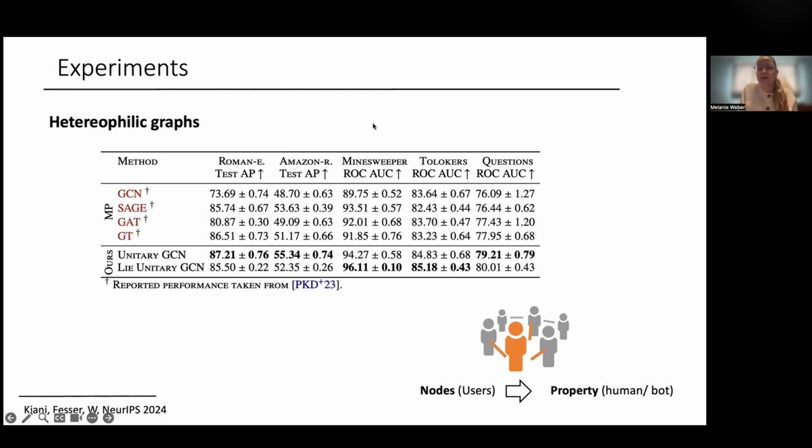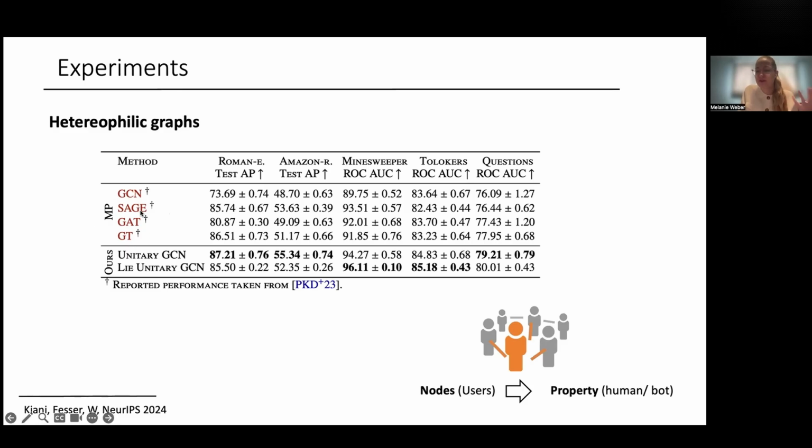So in practice, we sometimes encounter data sets where there's a misalignment between the similarity structure in the nodes and the adjacency. And in this so-called heterophilic setting, we are particularly susceptible to oversmoothing. So this is another setting where we expect the unitary graph convolutions to shine. And this is in fact also what we see here.